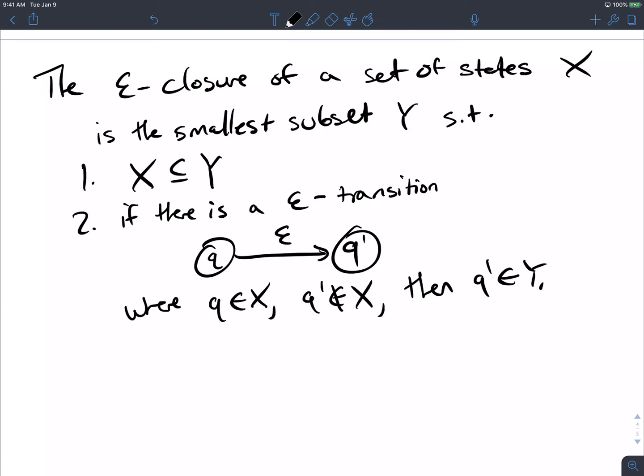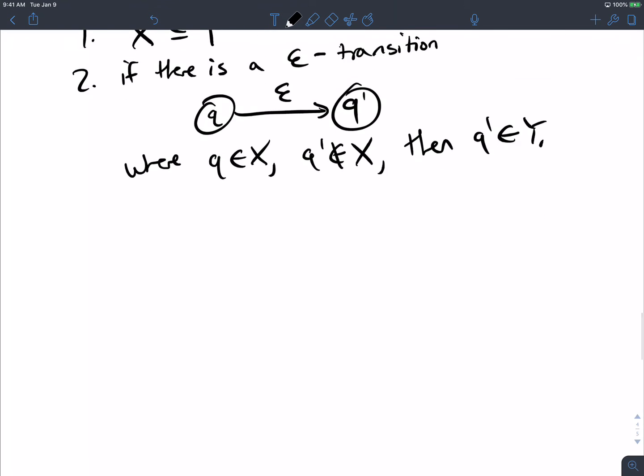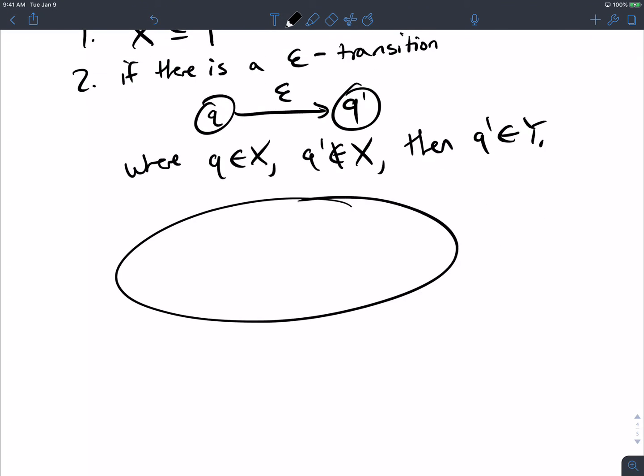So what does this mean? This says that we have a set of states right here, and let's just say that an epsilon transition is poking its head outside of this set. Could we reach the state that's immediately outside of that set? Could we reach it by only epsilon transitions? So let's say we have a bunch of states in here, and one state on the right here that has an epsilon transition.